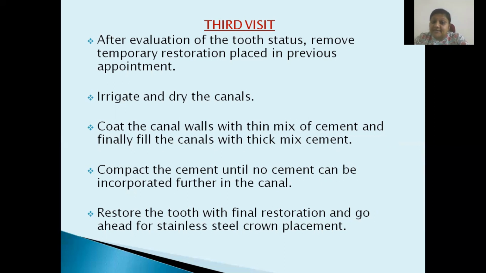We compact the cement until no more cement can be incorporated into the root canals. Finally, we place the final restoration on the tooth, and then we go ahead with the stainless steel crown placement.